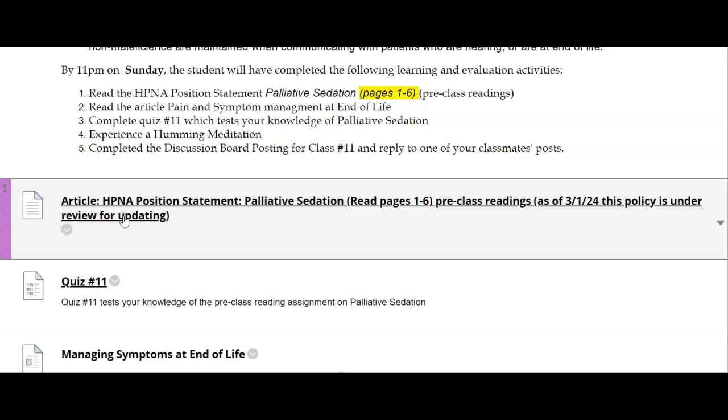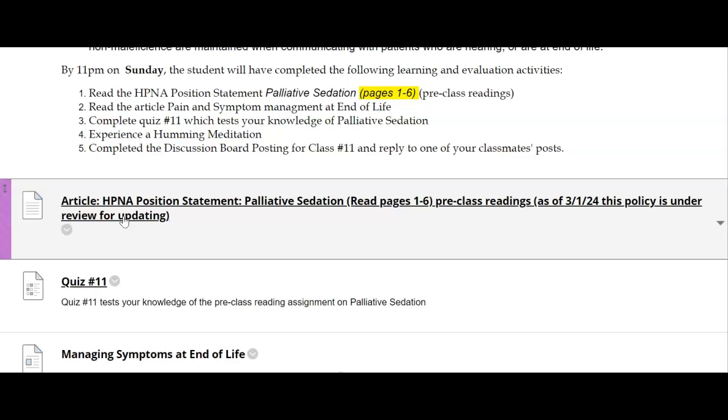This is approved by the American Nurses Association. It is part of our code of ethics, and it's considered double effect. The double effect is that our intention as healthcare providers, both the ordering physician and the administering nurse, is to relieve pain.